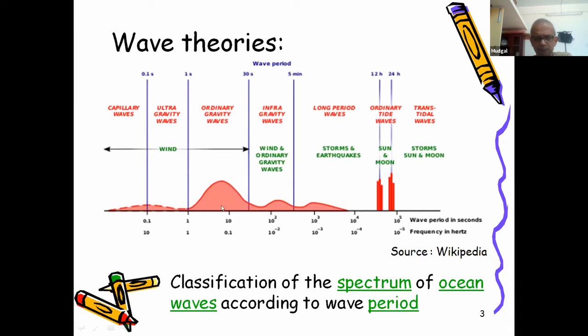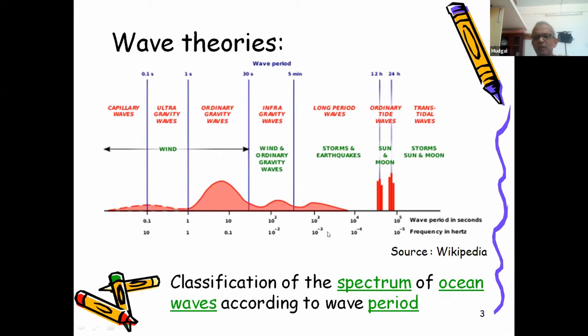This is the period where we focus mostly, because if you look at the spectrum, the energy content in these ordinary gravity waves is much larger. Then you also have the harmonics like the infragravity waves, then the long period waves.